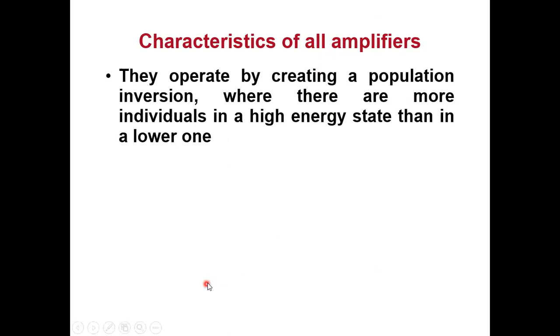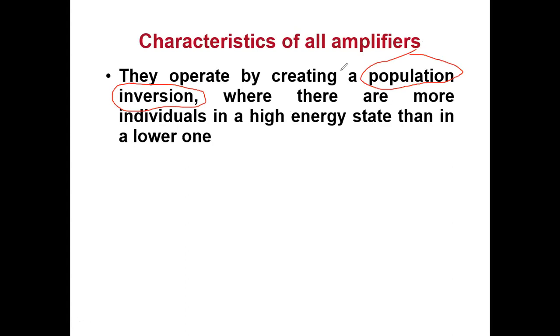So a very, very important word which should be there when you are explaining amplifier is: all these amplifiers operate by creating population inversion. We will study this population inversion when we are studying sources and detectors, because they also work on population inversion.